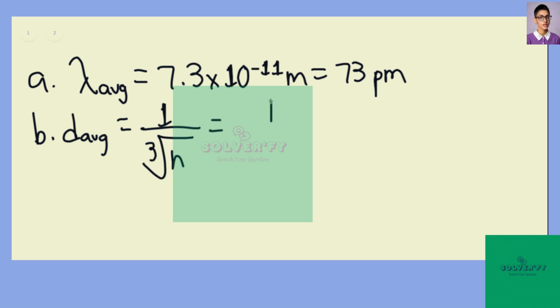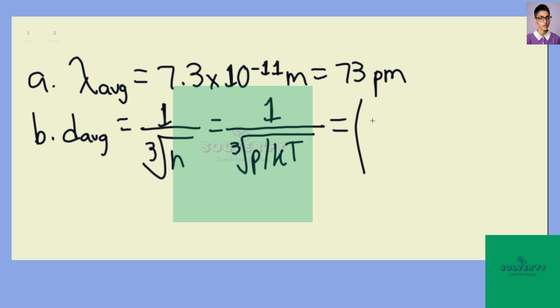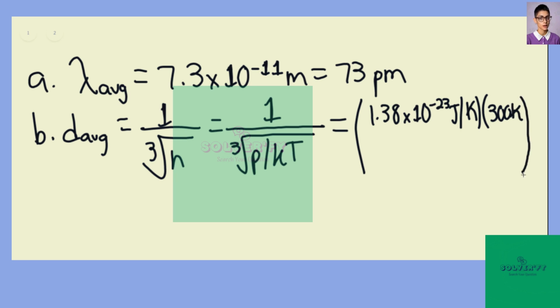And this would be equal to 1 over the third root of the momentum divided by the Boltzmann constant times the temperature T. So this would be 1.38 times 10 to the negative 23rd joules per Kelvin, multiplied by 300 Kelvin, and then this would all be divided by 1.01 times 10 to the 5th pascals.